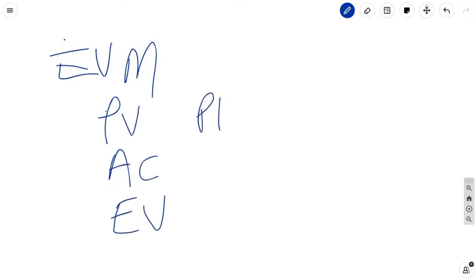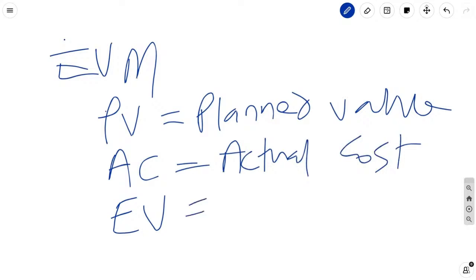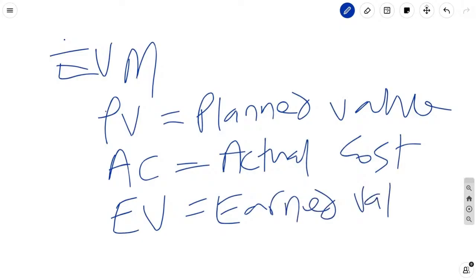So planned value, this is pretty much what you plan to get done within a time box. Actual cost is the actual cost that you spent in getting the work done. And earned value, we refer to this as the work actually done.